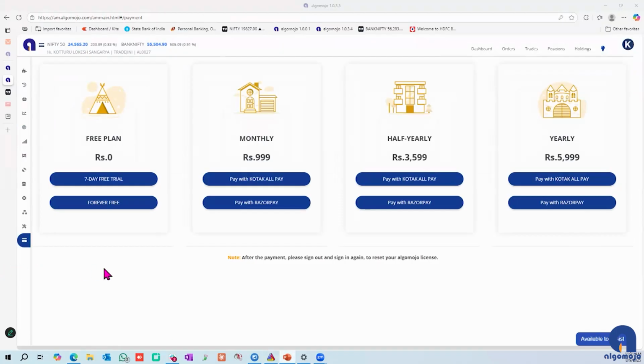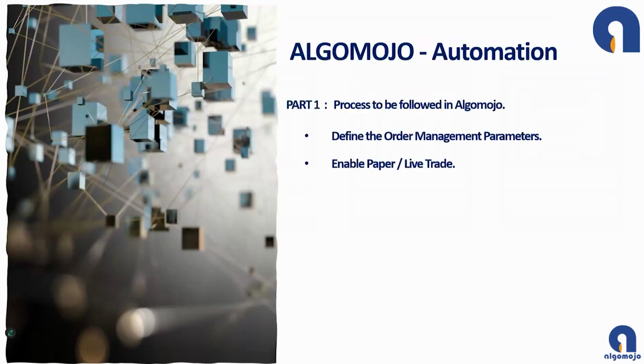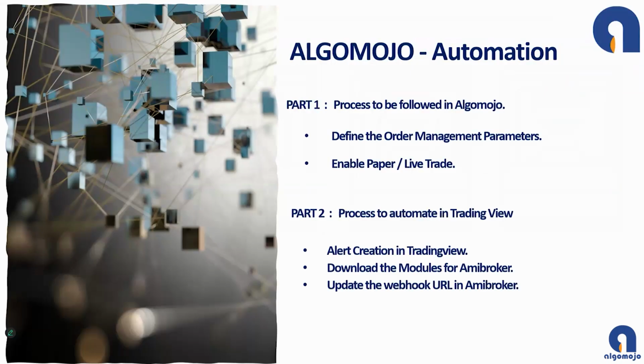Okay, in case there are no other queries, we can look at the last part of the presentation. So we saw the first step, as I was mentioning: defining what you want to trade in Algomojo, and doing that alert creation in TradingView or in Amibroker, just download the module and update the webhook URL.